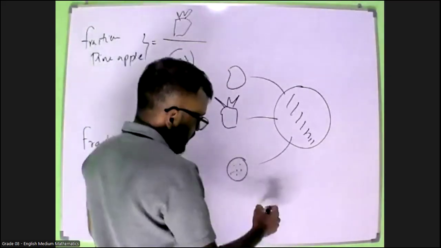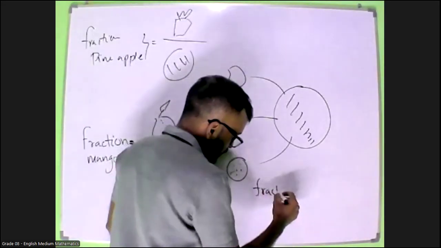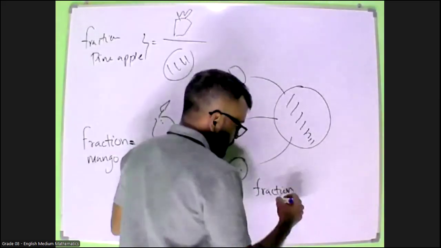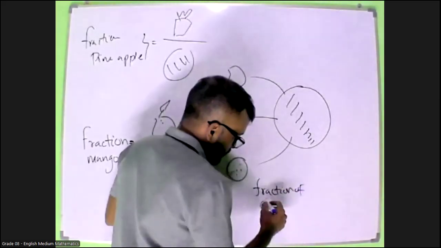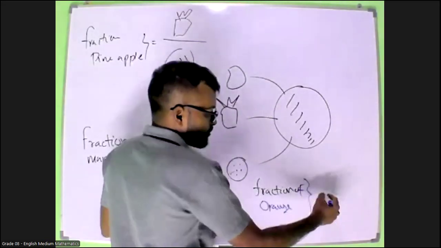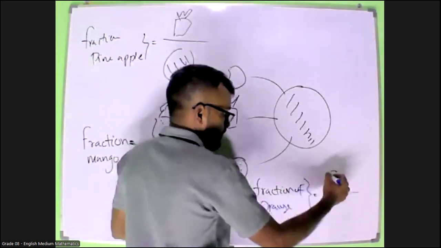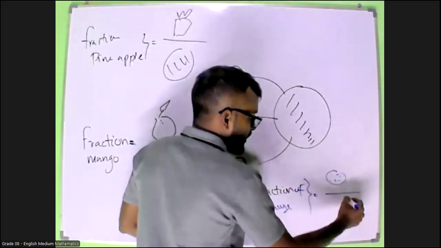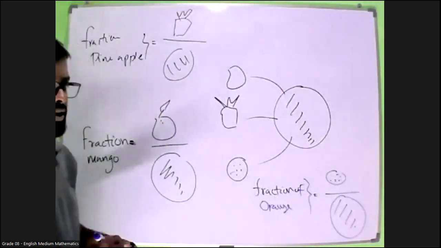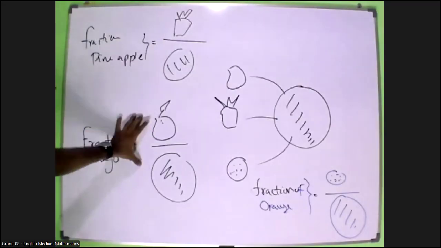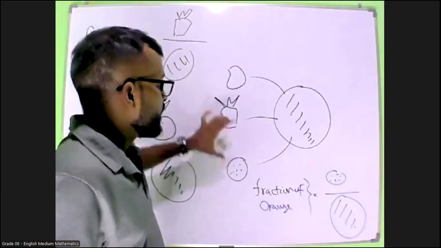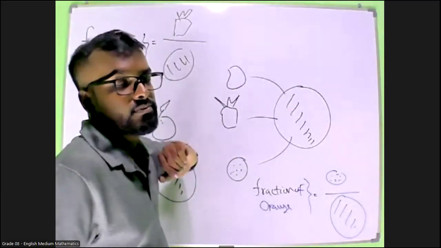If you want to find the fraction of orange, orange comes to the numerator, I gave you a hint, and the mixture goes to the denominator. This is how we are going to obtain the different fraction of each type included in this mixture.